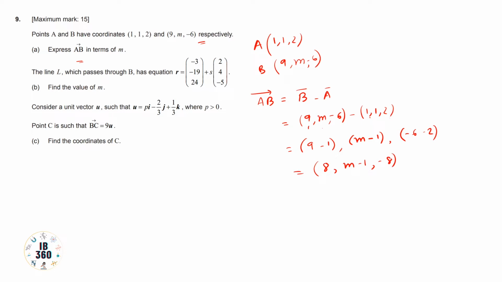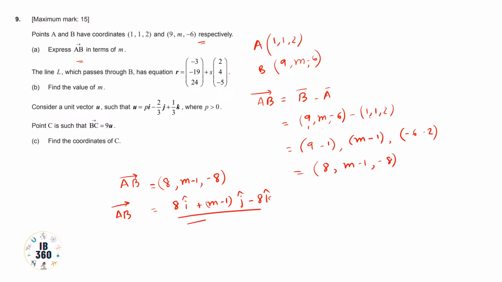So AB will be 8, m minus 1, -8. So we can write 8i plus (m minus 1)j minus 8k. This is the AB vector in terms of m.